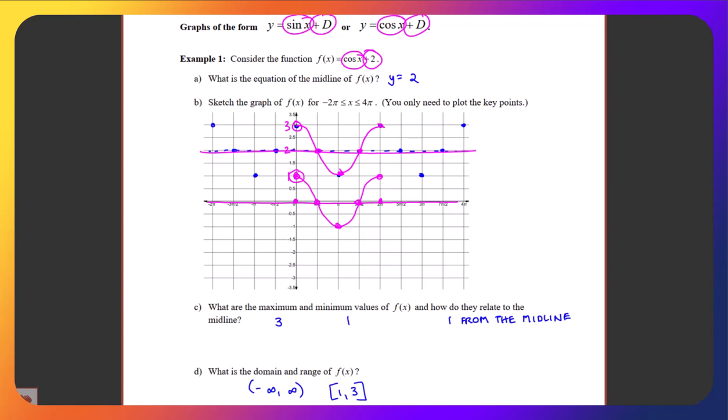And my silly comment is, once you've seen one period, you've seen them all. Because, haha, they repeat, and they repeat, and they repeat. So the maximum of cosine used to be 1, but if I add 2, now the maximum is 3. The minimum used to be at -1, but if I add 2, now it's at 1.